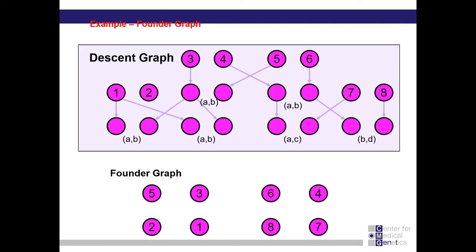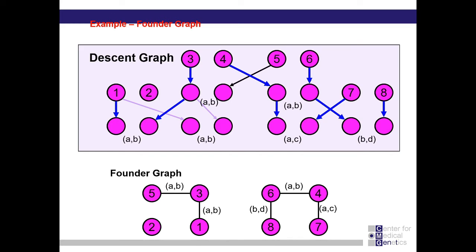Then 6 and 4 are both maternal, 8 and 7 also maternal. So you can see 5 and 3, A and B. 3 to 1 also A and B. 6 to 4 will give A and B alleles, but person 7 has given a new allele, which is C. So it's connected there.